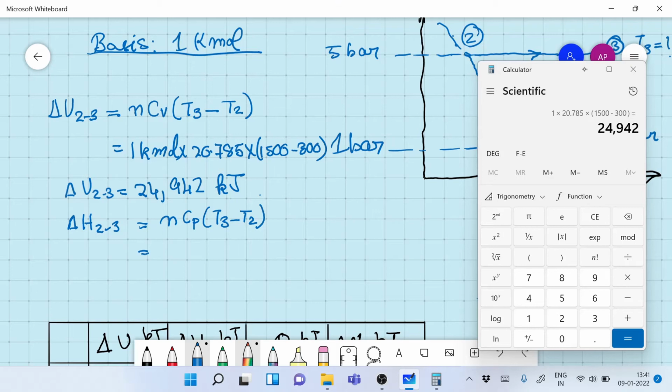So we can write the change in enthalpy as change in internal energy divided by Cv multiplied by Cp. That is 34,918.8.